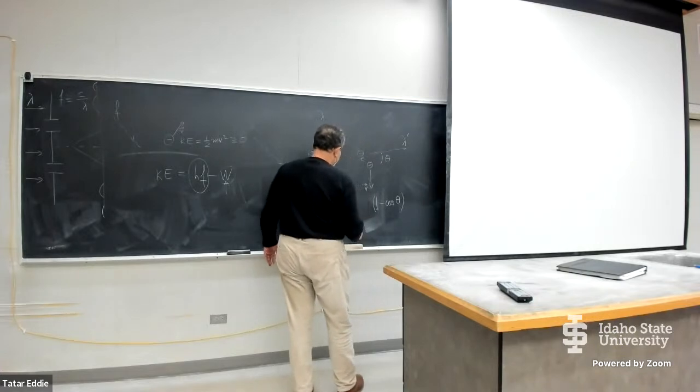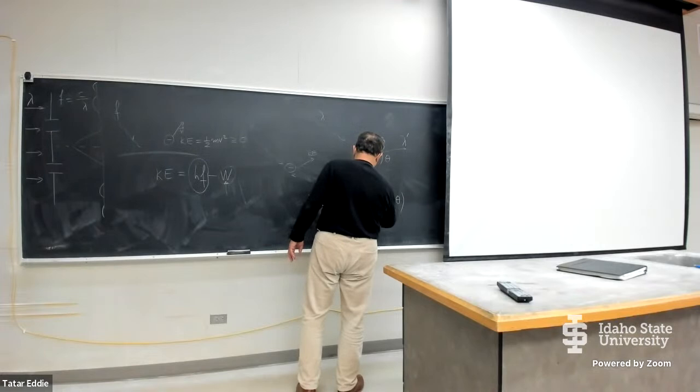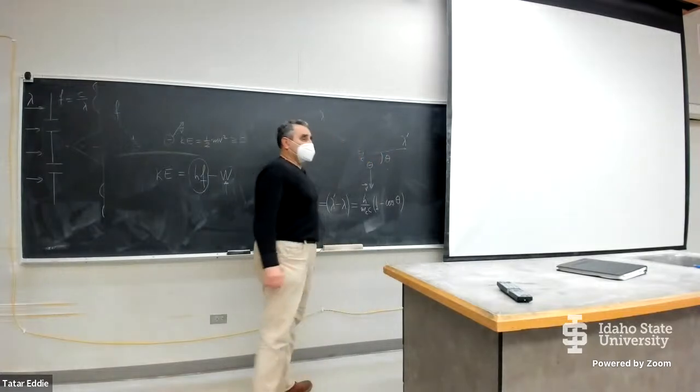And the constant of proportionality happens to be Planck's constant divided by the mass of the electron and divided by the speed of light.